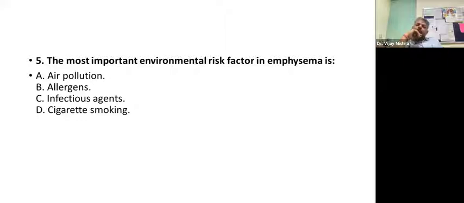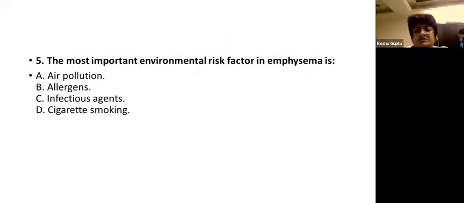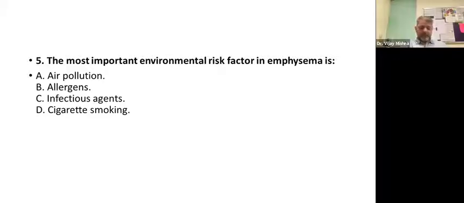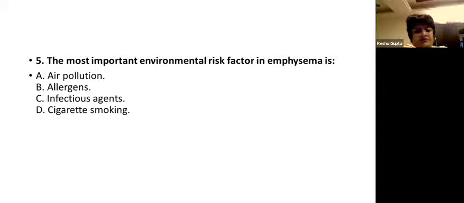The most important environmental risk factor in emphysema is: air pollution, allergens, infectious agents, cigarette smoking. Here there is a mixed response between air pollution and cigarette smoking. There are a few for B as well, and a few for allergens.